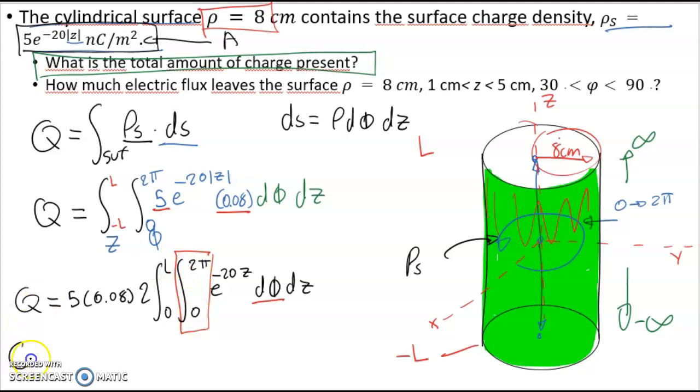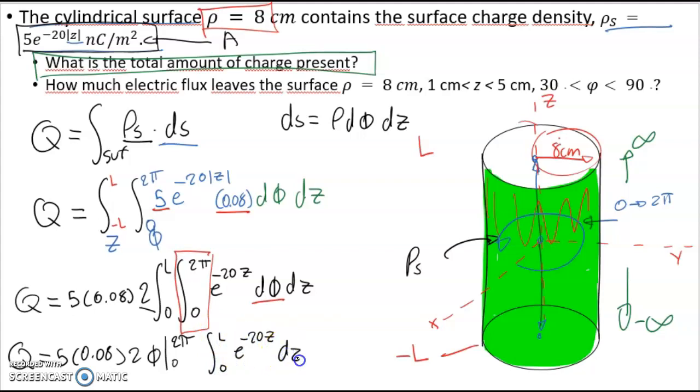That means we can reduce it to Q equals 5 times 0.08 times 2 times phi evaluated from 0 to 2 pi, and now the integration from 0 to L of e to the minus 20z dz.